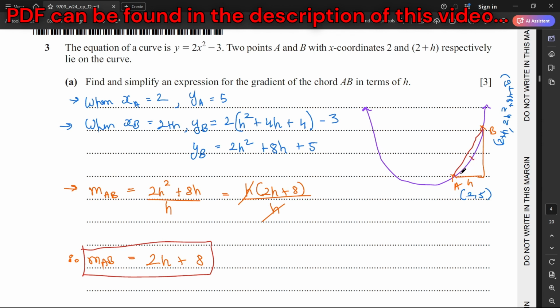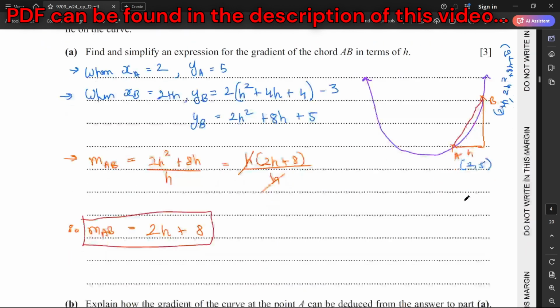And now it comes more close to point A. Now this chord is going to be the gradient for that particular AB. And now if my B is very close to A, such that h becomes negligible, very close to 0, in that case, the gradient of that chord will be approximately equal to the tangent that I'm drawing over here.